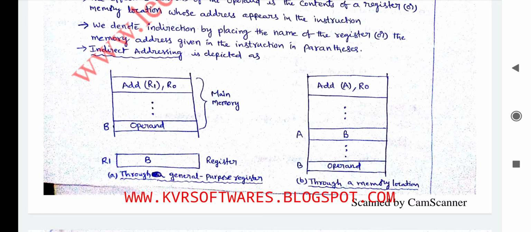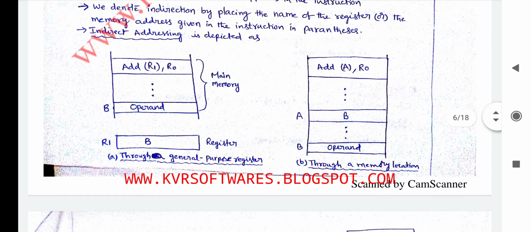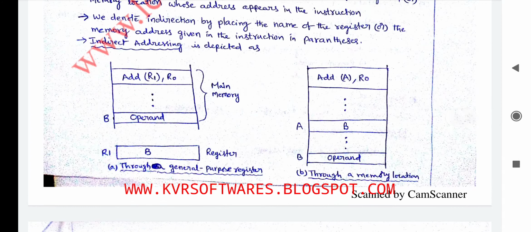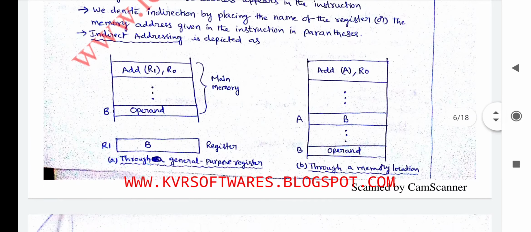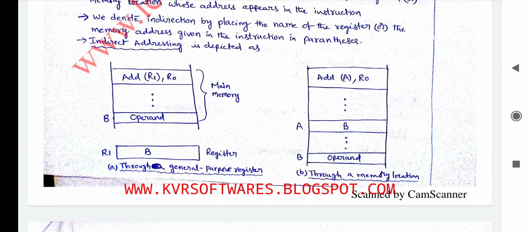Now the same can be represented in the form of main memory. The instruction add A comma R0 means A is an indirect address. The meaning of this instruction is we have to add the contents which are at the location A with the contents placed in the R0 register.